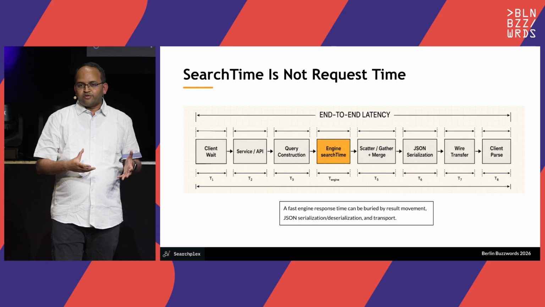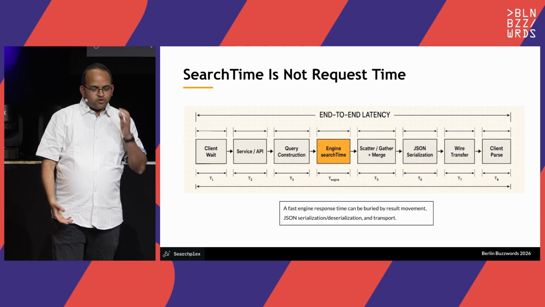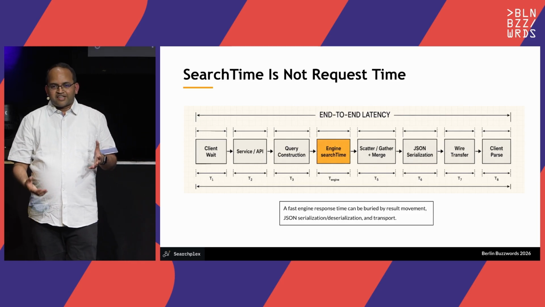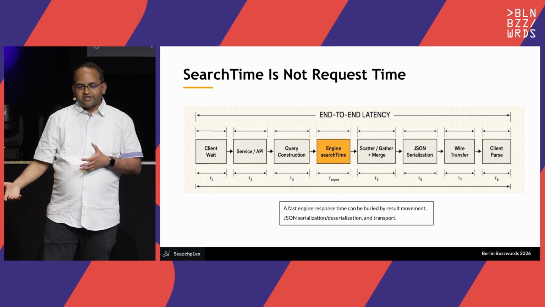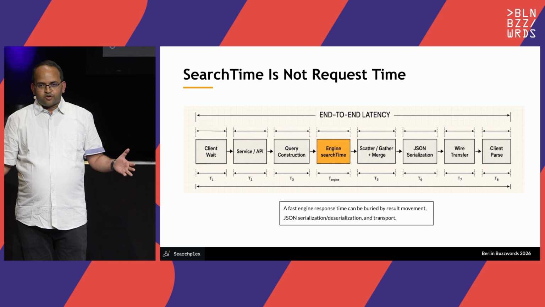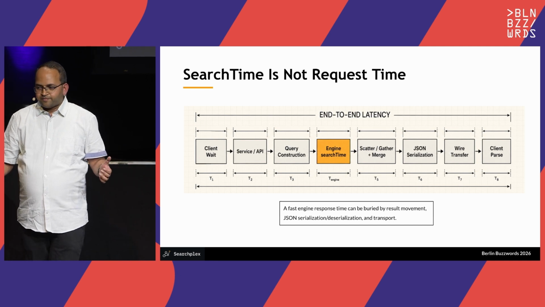But here you need to get all the matching IDs. So the more number of search IDs are there, it has to move that large amount of payload across different layers, which increases your overall end-to-end latency.